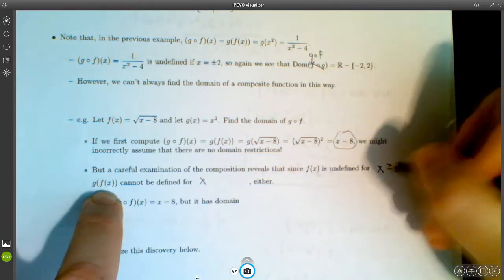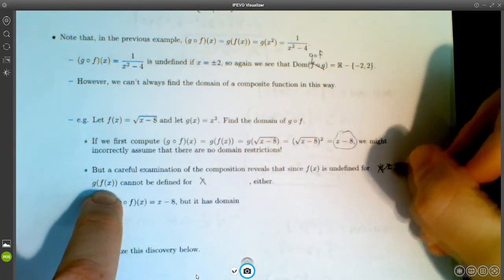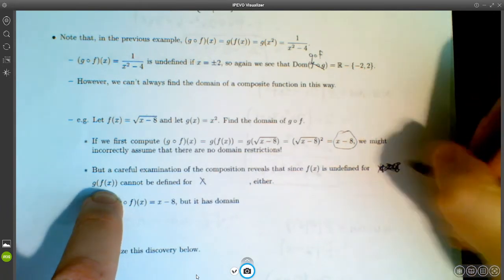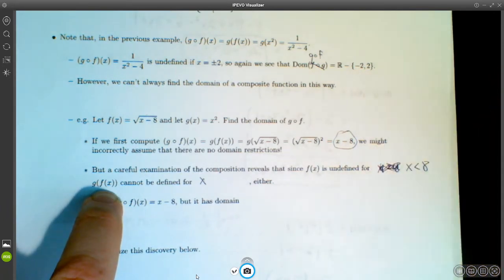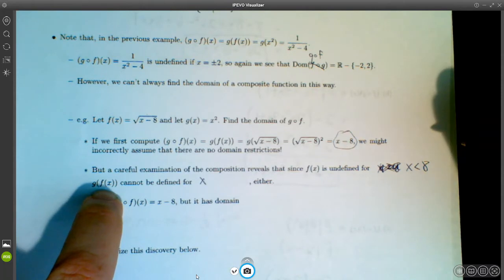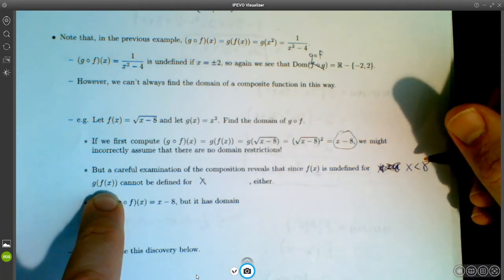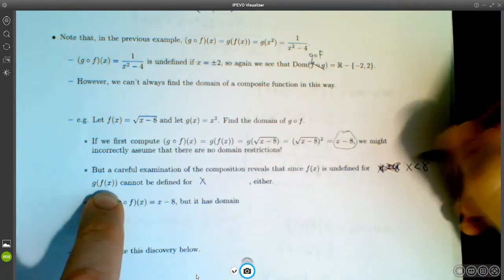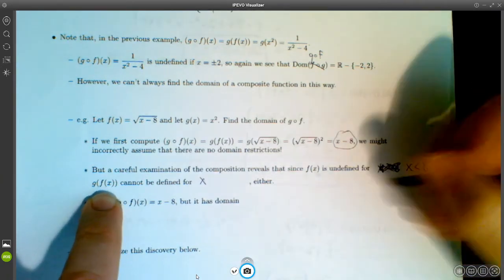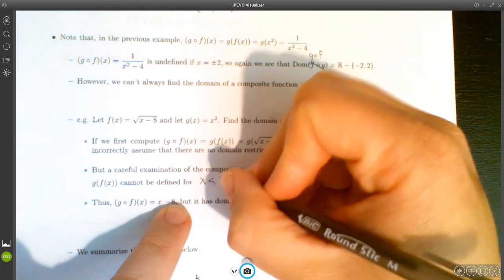Sorry, we're looking for where this is undefined. It's undefined if x is less than 8. It's defined if x is greater than or equal to 8, but it's undefined if x is less than 8. So since f of x is undefined for x less than 8, g of f of x cannot be defined for x less than 8 either.